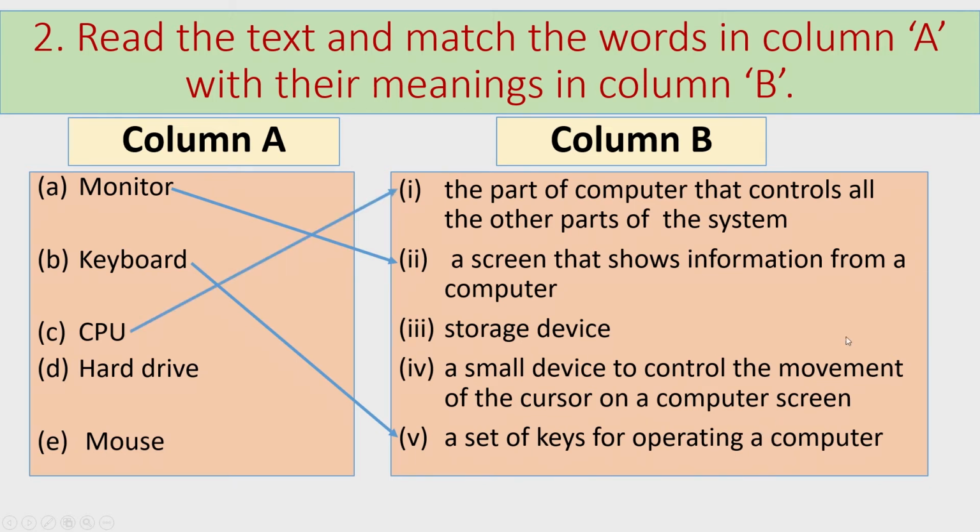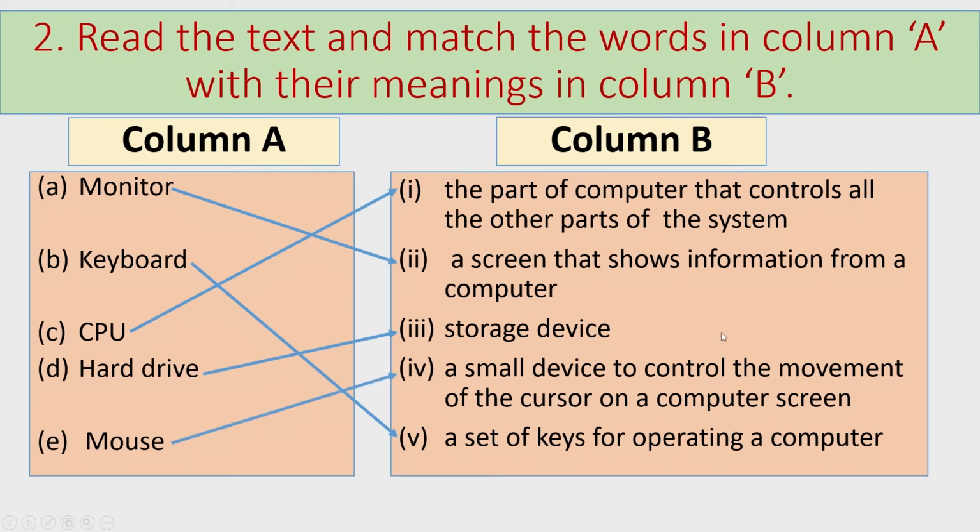Yes, CPU is the part of the computer that controls all the other parts of the system. Hard drive? Yes, hard drive is a storage device. And what is a mouse? A small device to control the movement of a cursor on a computer screen. Okay. So in this way you can do.